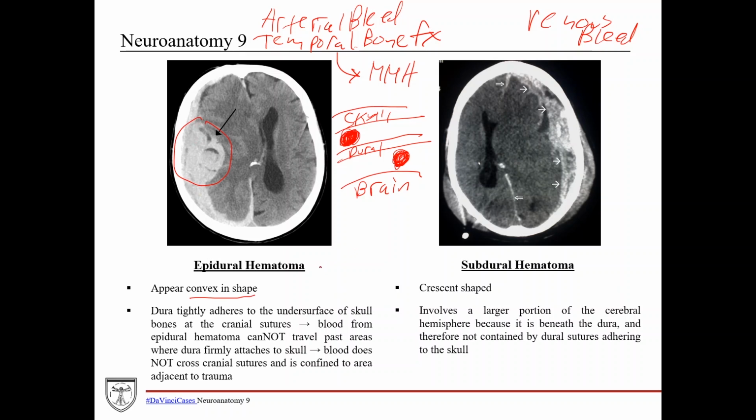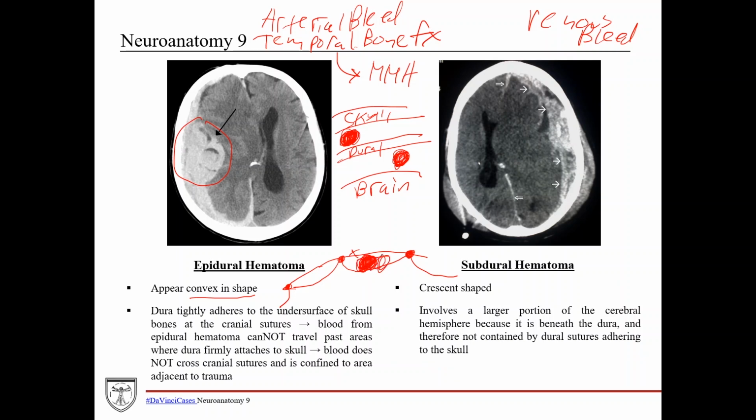The reason for that is, if we look here, that during development, the skull bones will fuse and form these cranial sutures. At these cranial sutures, the dura is actually very tightly adherent to the surface of the skull. So let's say this is the dura here, and then it continues on like this, and so on. So what happens is that just adjacent to the trauma, so let's say this is where the temporal bone fracture was, the middle meningeal artery is lacerated, and then you begin having your bleed here.